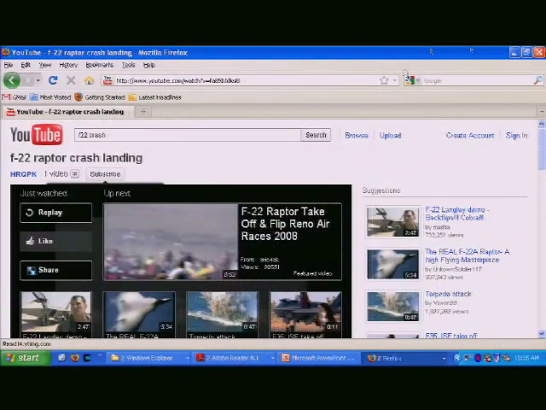The plane is approaching, and now you'll see that the back of the plane starts really shaking. The video is not that high quality, but you can see that the tail portion of the plane was just flapping, and then you can see that it's on fire. That happened because of a human-computer interaction issue.